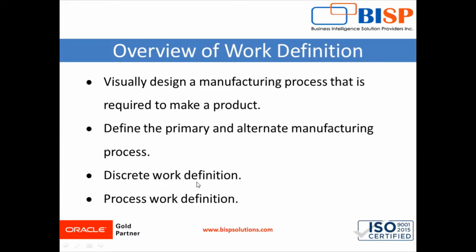There is no reference to an item structure. You can define multiple outputs, but you must designate one output as a primary output. The manufacturing process moves in batch quantity instead of discrete units. So this is all about the overview of work definition.